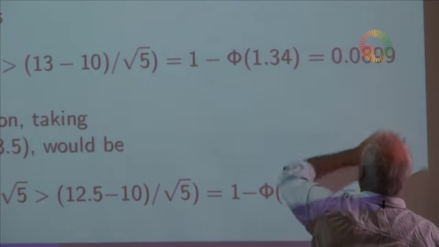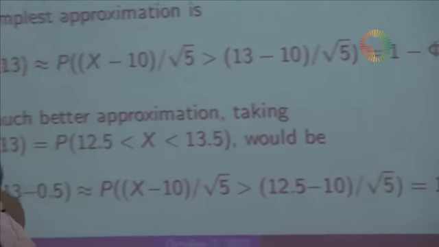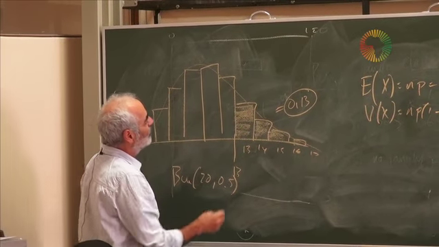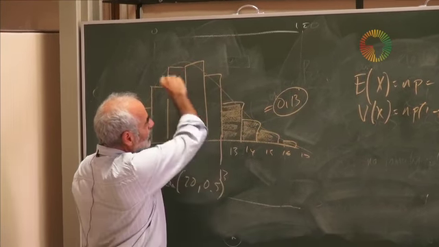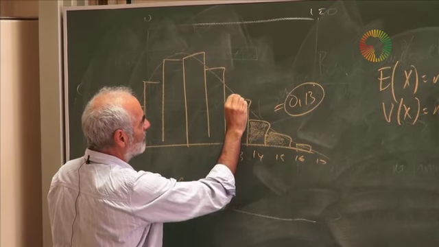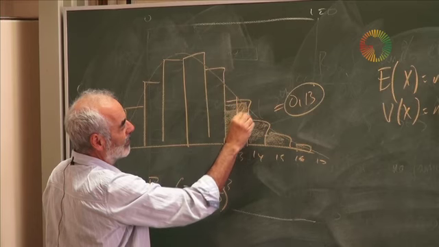And we get 0.09, which isn't very good. It's not a great approximation at all. But what we've done actually, if you think about it, is that if you consider this as a continuous thing, this is where 13 is, and we've just calculated this area.